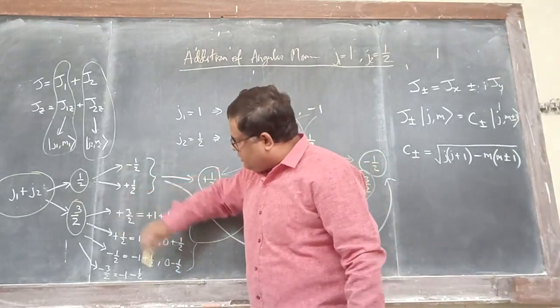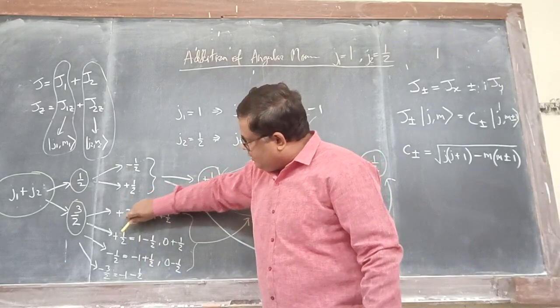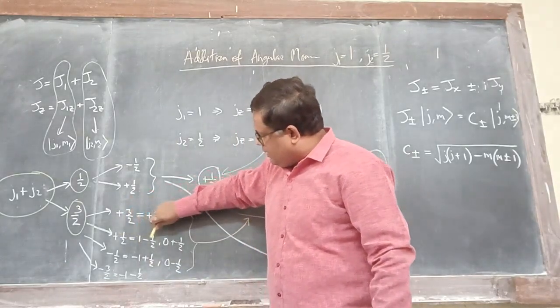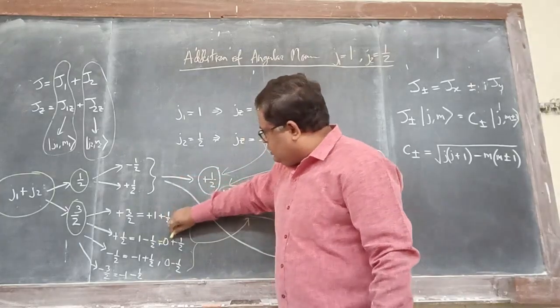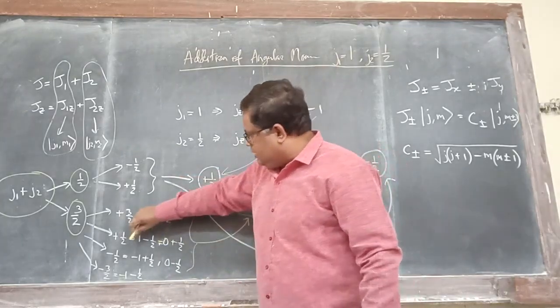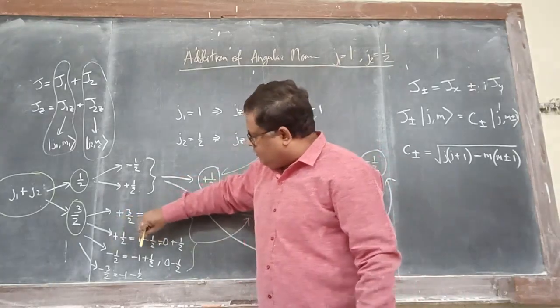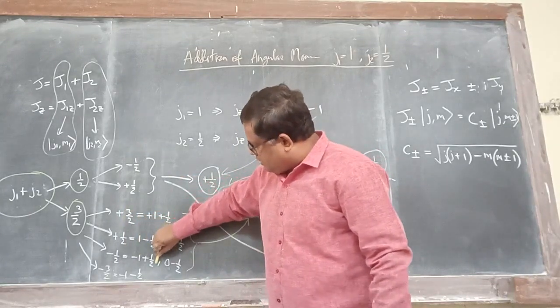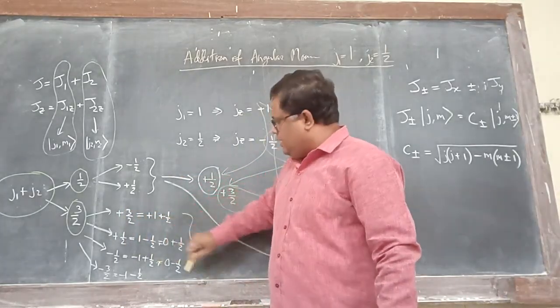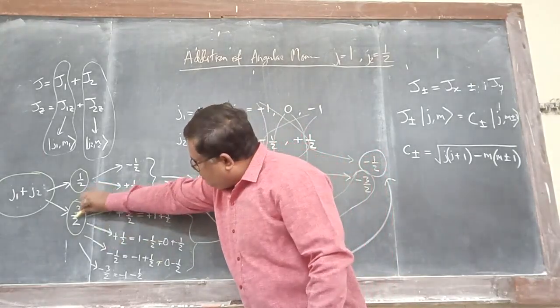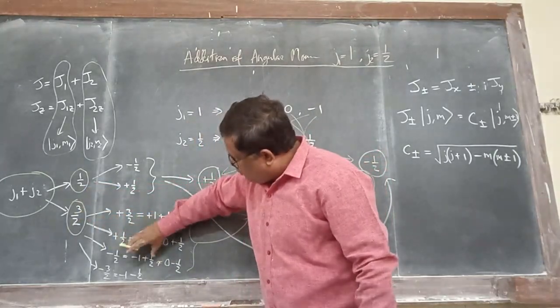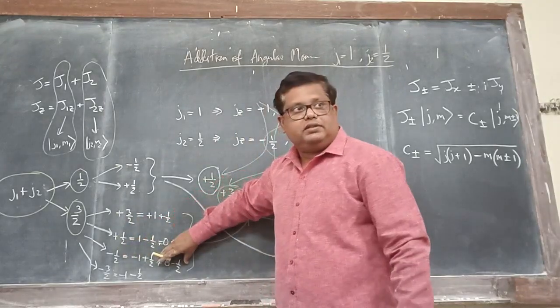See, I can deduce the wave function from here as well. But for the case of plus half, I can have plus half by having plus 1 minus half, and also 0 plus half. Similarly, I can have minus half by having minus 1 plus half and also 0 minus half. So the wave function for say 3 by 2, minus half will have components from this along with this.